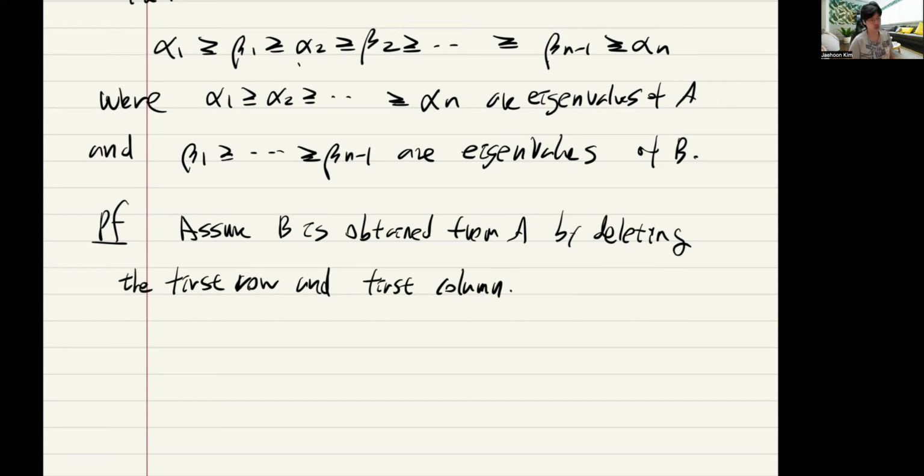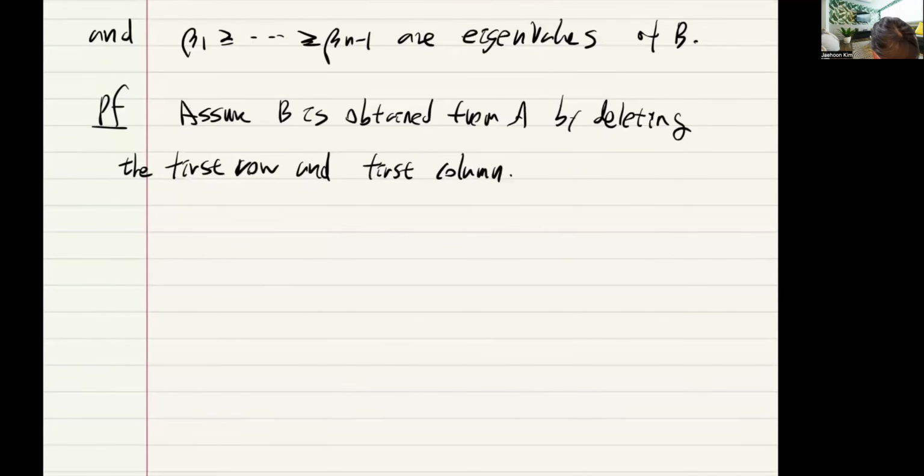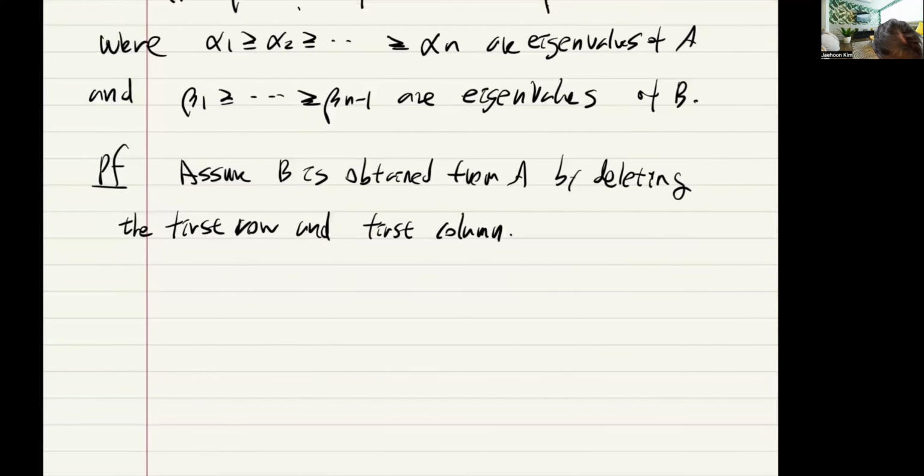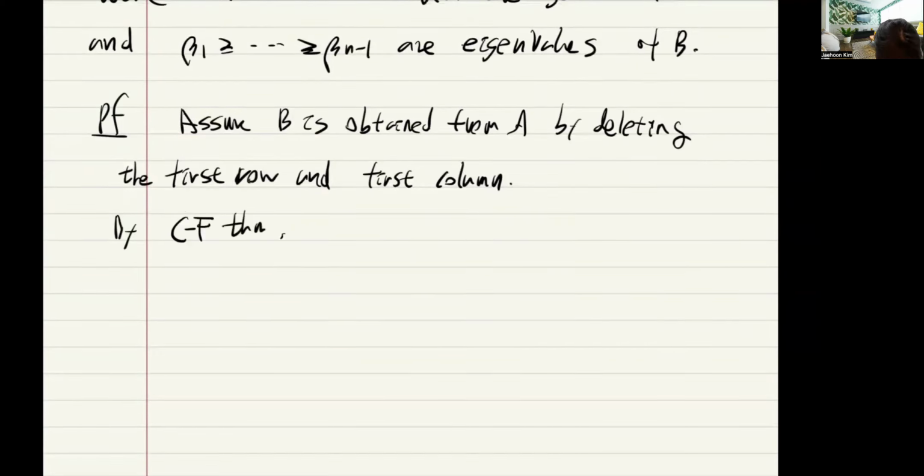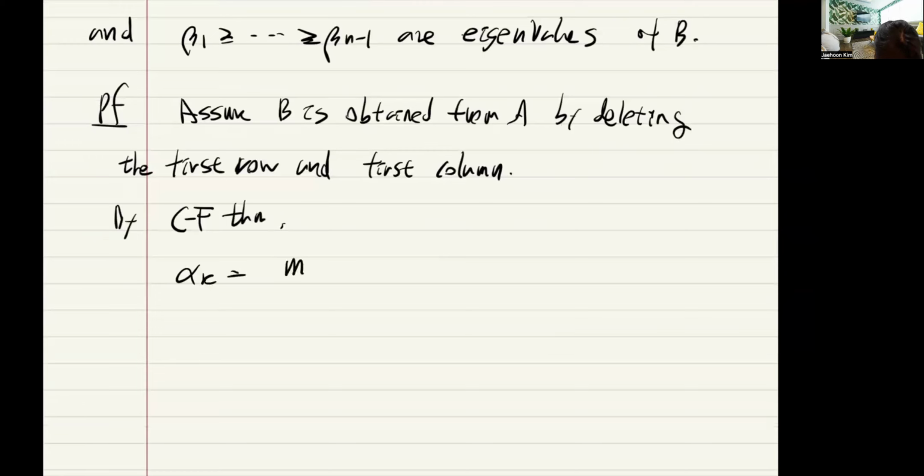You can do that because the ordering on the vertices is not important for us. And by the Courant-Fischer theorem, what we have is this alpha k. If you take the maximum out of all k-dimensional subspaces, you take the vector in here which minimizes the Rayleigh quotient.